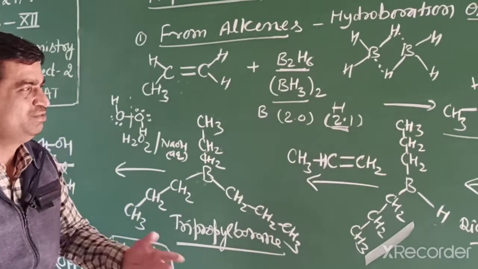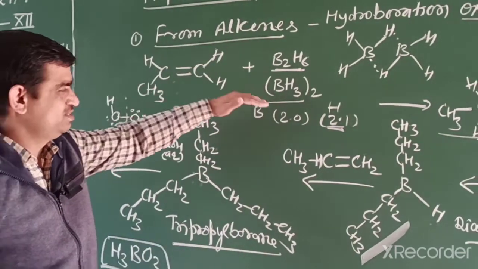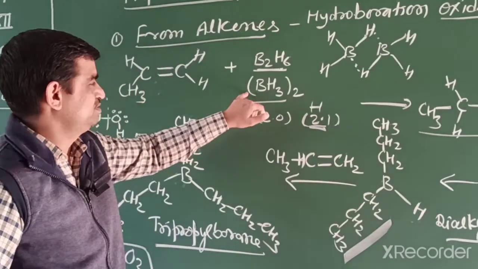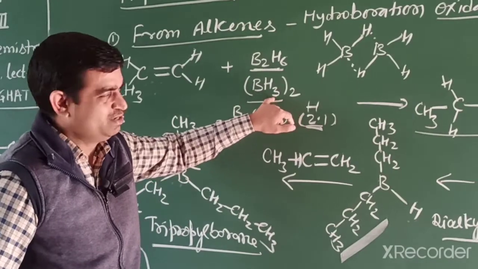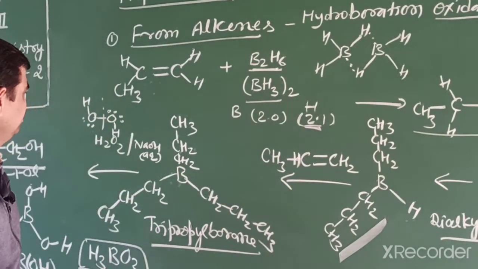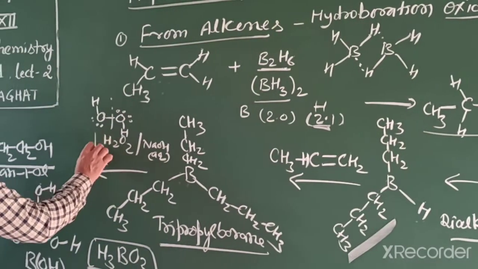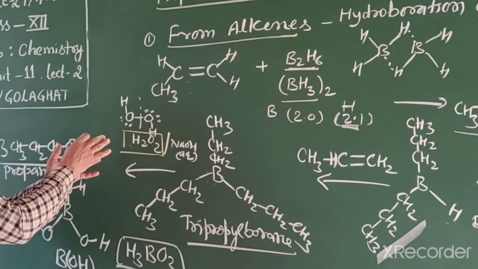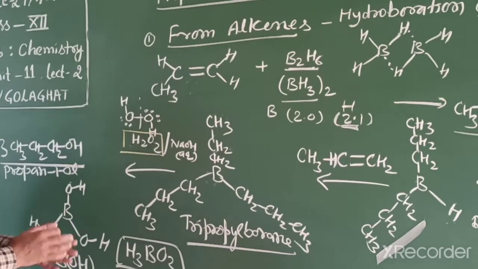If we again summarize, first addition of borane needs 3 moles. Why? Because there are 3 boron hydrogen bonds in the monomer. Further for oxidation, we require hydrogen peroxide. Hydrogen peroxide, we know, can behave as both an oxidizing and reducing agent.